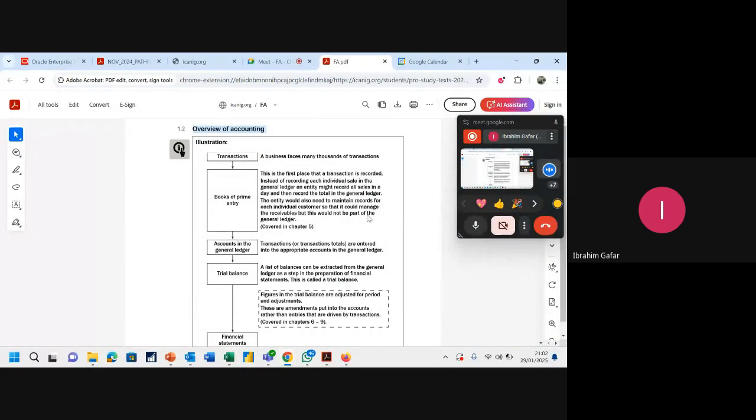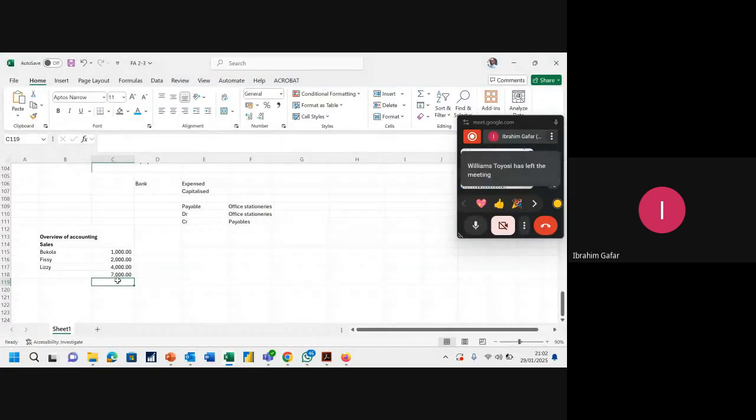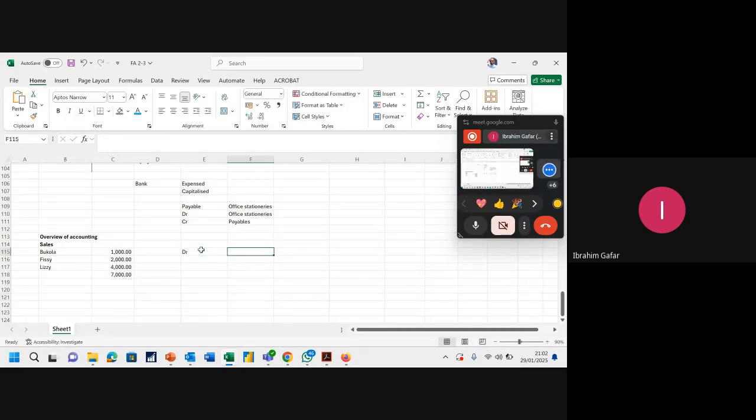Then you have accounts in general ledger. Some of us practice here and those that do not practice, it is not a problem, we'll put it easily for you. Like I said here, I said debit, then you credit something.